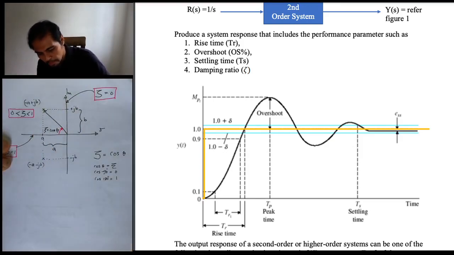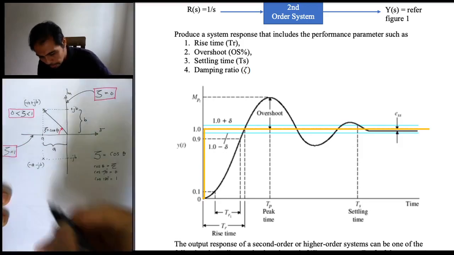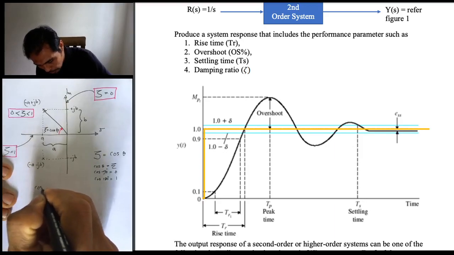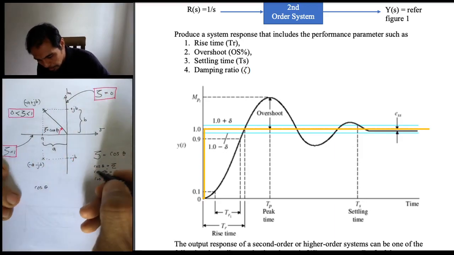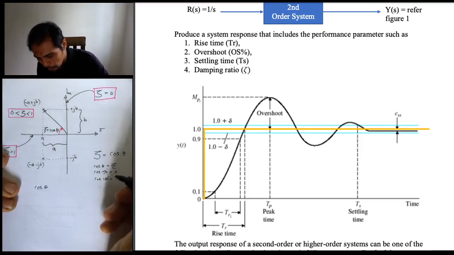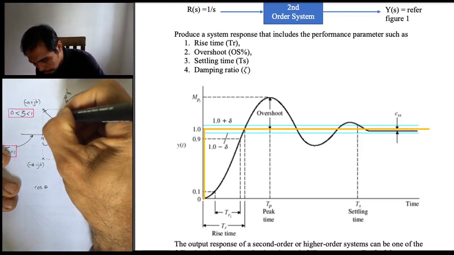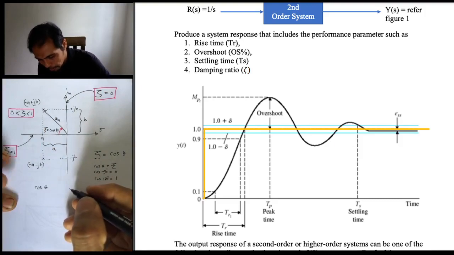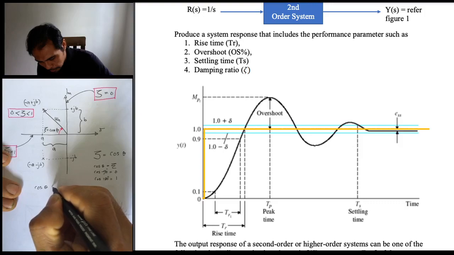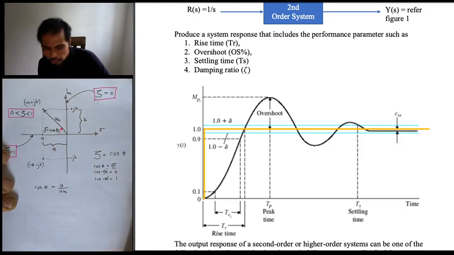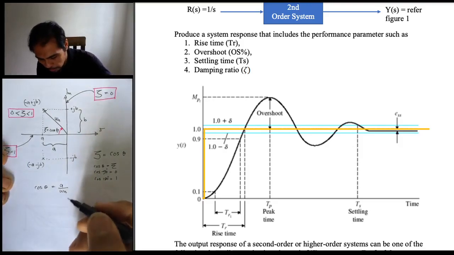To find A here, we can use the trigonometry, which is cos theta equals to, say, so this is our omega n, natural frequency there. So equal to A over omega n. That is our natural frequency, right?